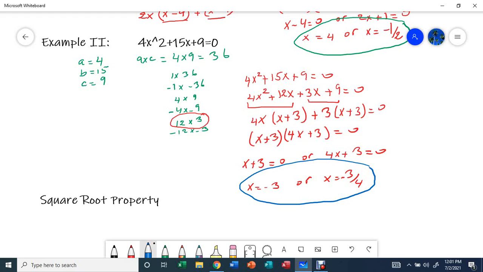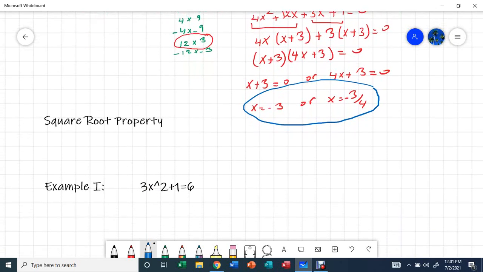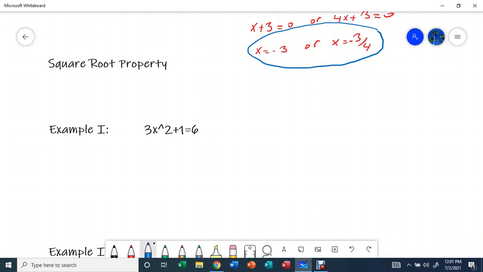So now another way of solving a quadratic equation is using the square root property. So the square root property: if you have x squared equals a, it's equivalent to x equals plus or minus the square root of a.